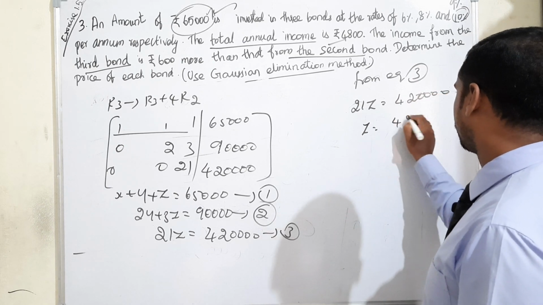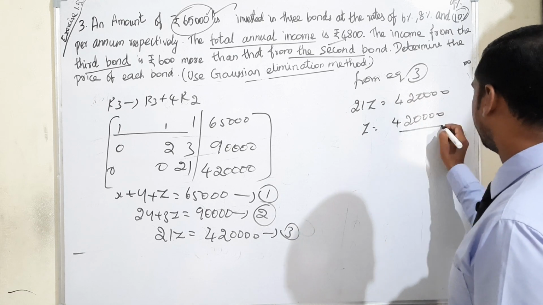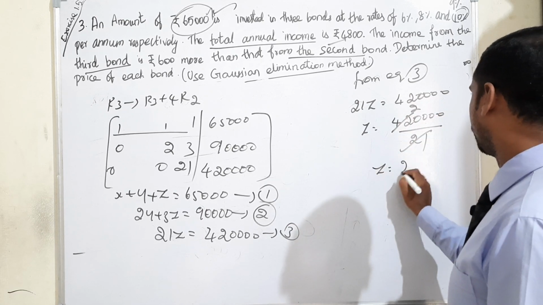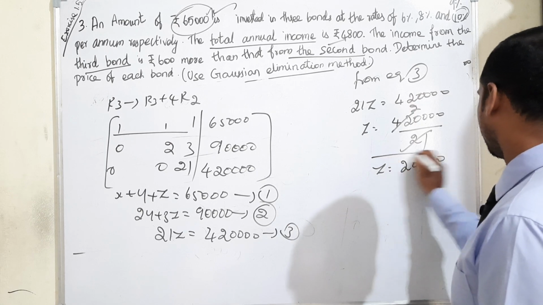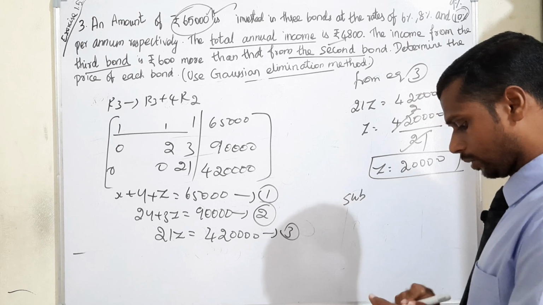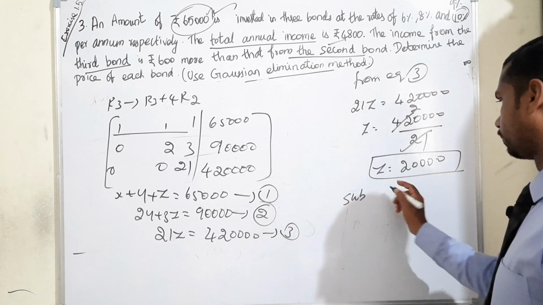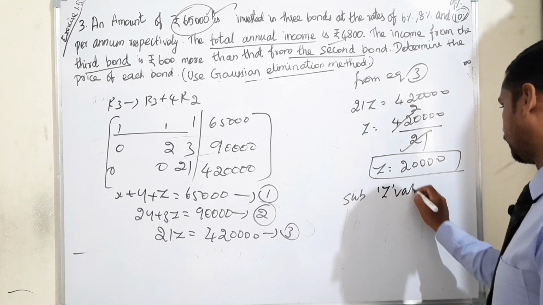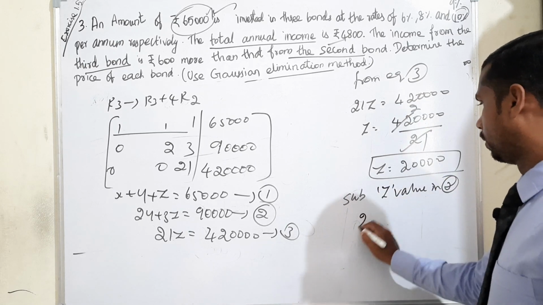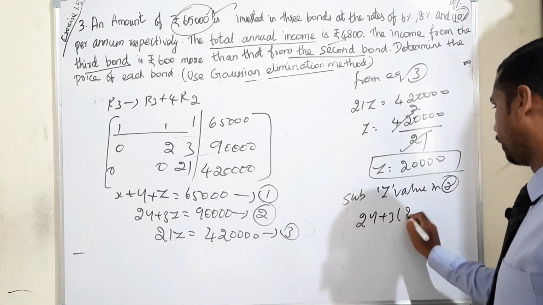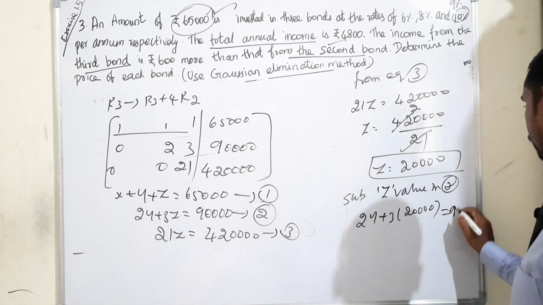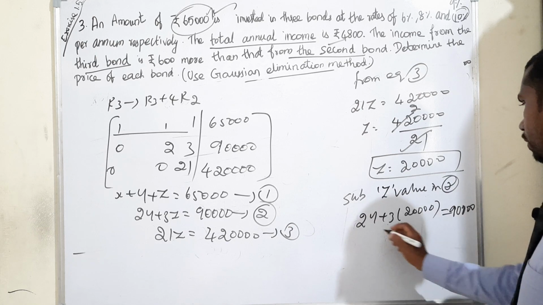Therefore z is equal to 420,000 divided by 21, isn't it? Very simple, no? 2 times. So z is equal to 20,000, isn't it? Now substitute the z value in equation number 2. What will happen? 2y plus 3 into 20,000 is equal to 90,000.